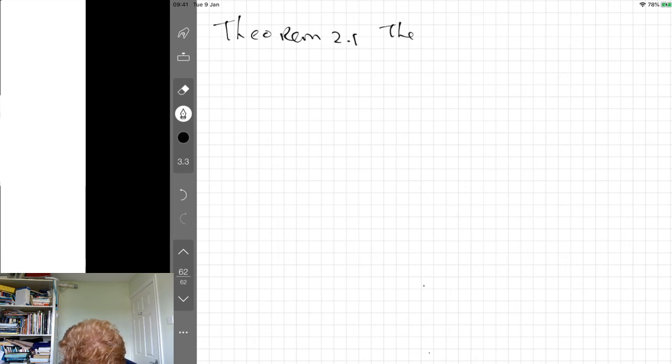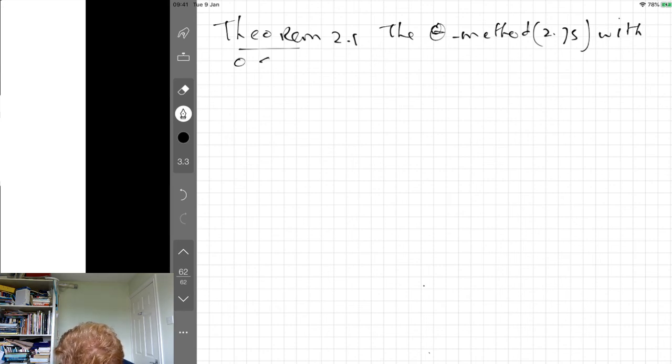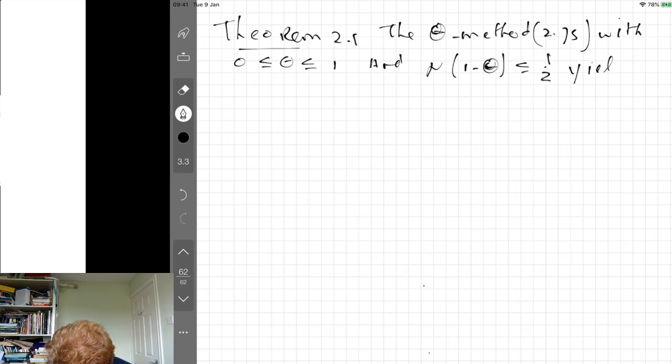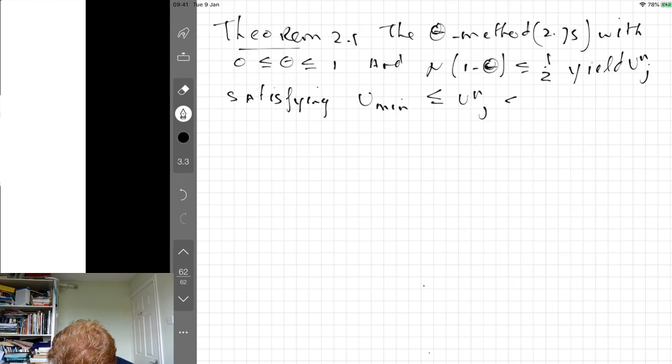Theorem 2.1: the theta method 2.75 with theta between 0 and 1, and this maximum principle condition, mu times 1 minus theta less or equal than 1/2, yields a numerical solution u_j^n satisfying u min less or equal than u_j^n less or equal than u max.